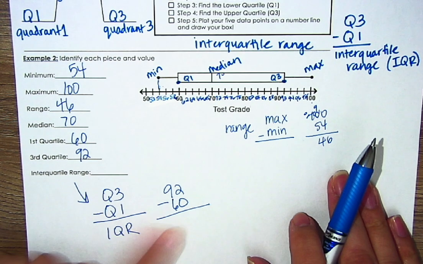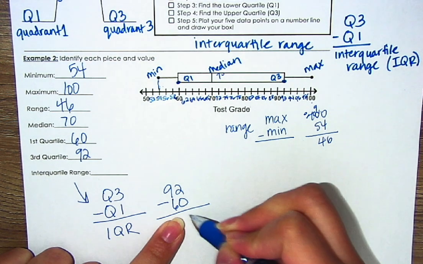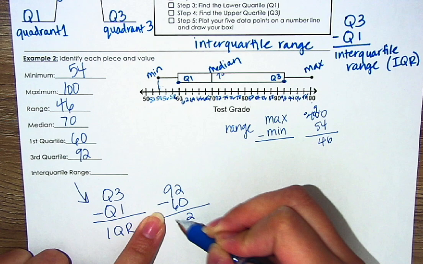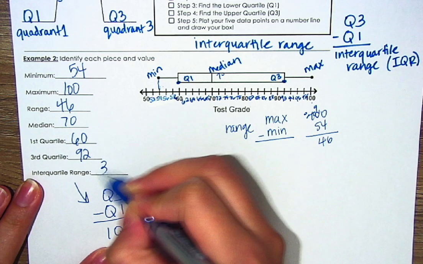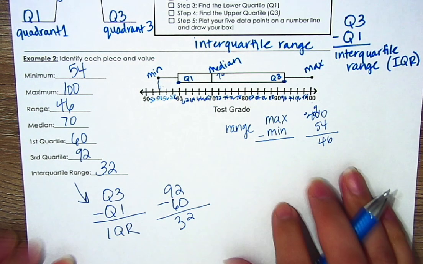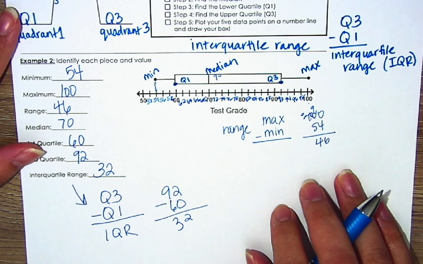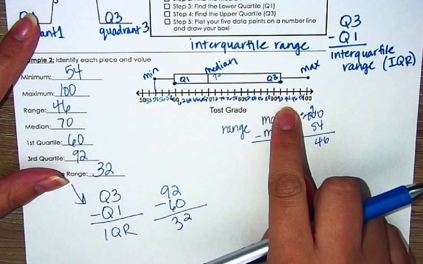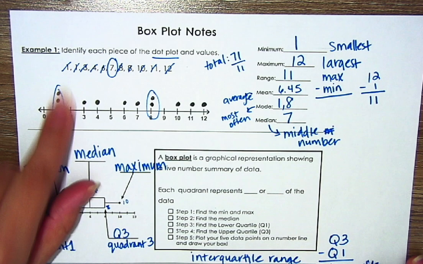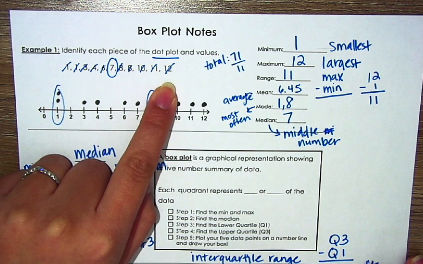Sorry, you couldn't see that. Make sure you write it down. So 2 minus 0 is 2, 9 minus 6 is 3. So your IQR is 32. So these are easy to find as soon as you label your box plot. Make sure you label this. And if you get a dot plot here, make sure you write out all the numbers, okay?